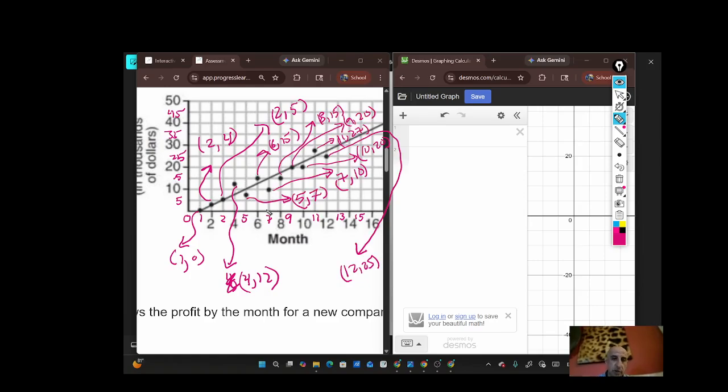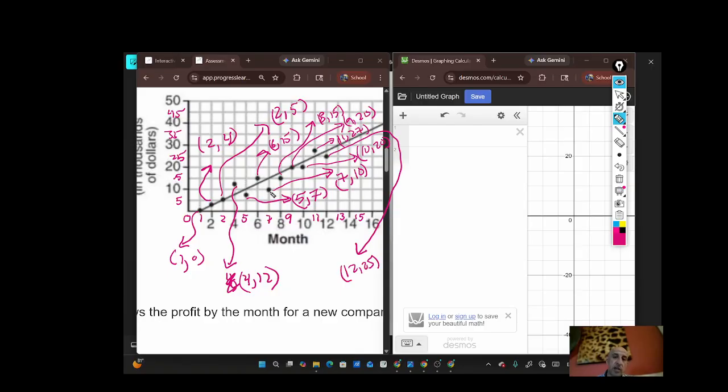Okay, so let's go back together. As we said, this is the first point, which is 1, 0. This is the second point, which is 2, 4. This is the third point, which is 2, 5. This is the next point, which is 4, 12. This is the point 5, 7. And then we have 6, 15.